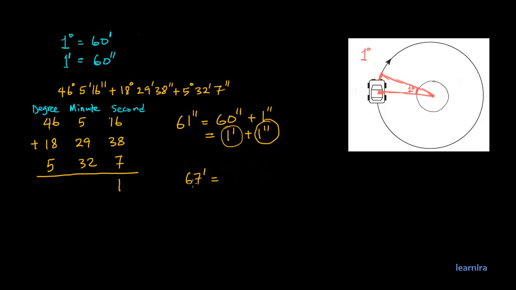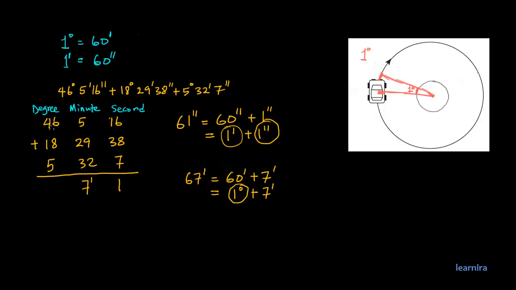Now for 67 minutes, we can write this as 60 minutes plus 7 minutes. But you also remember that 60 minutes is equal to 1 degree. So we can write this as 1 degree plus 7 minutes. So let's write down 7 minutes here. Then take this 1 degree to the degree column.